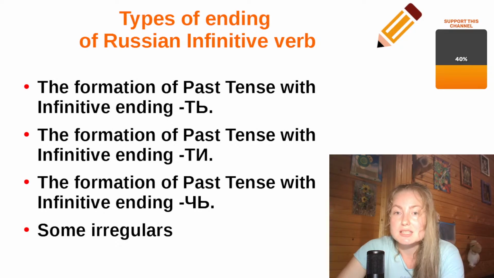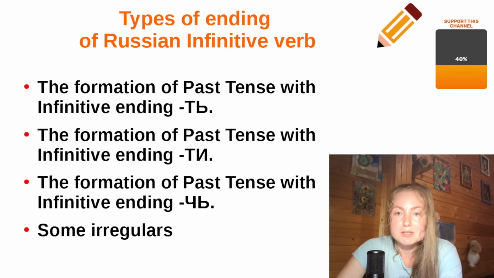We take this suffix ть, we remove it from the infinitive, and we add the appropriate ending to each person. Like я работаю, ты работаешь, он, она работает, мы работаем, вы работаете, они работают. So each person in the present tense has its own ending.